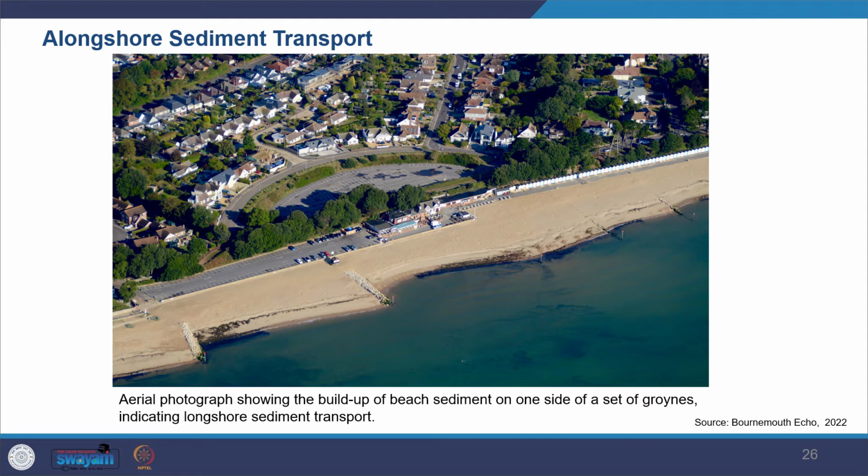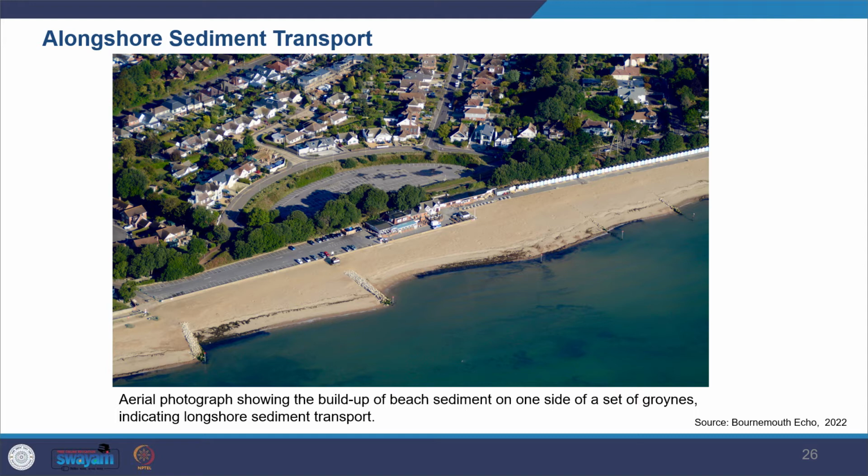and what kind of net transport direction can be established, what is really happening, and that you can do through field surveys. You need to take several parameters into consideration, and for that you can take observations of buildup of sediments against cross-shore structures and alongshore growth of spits.